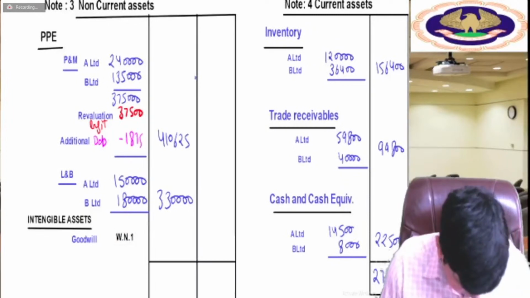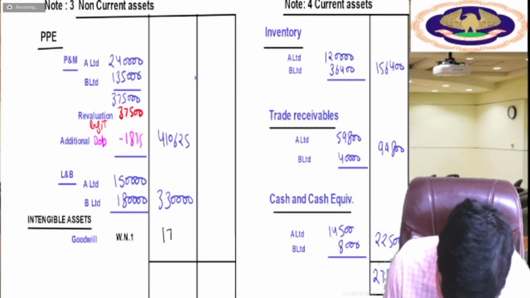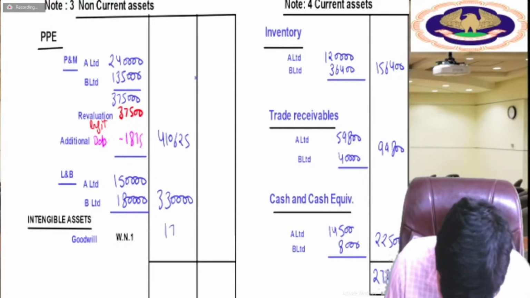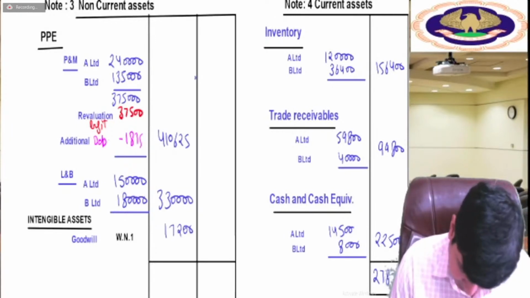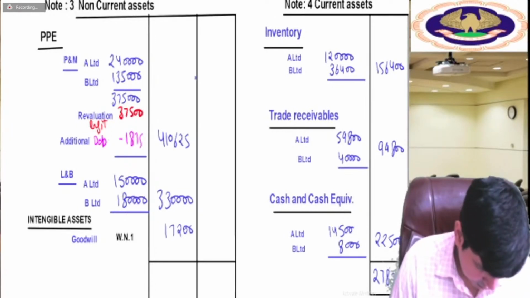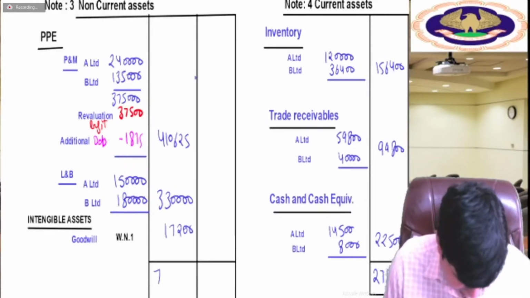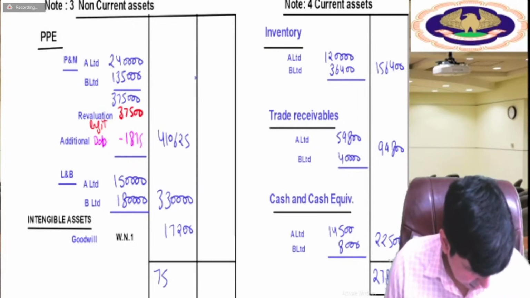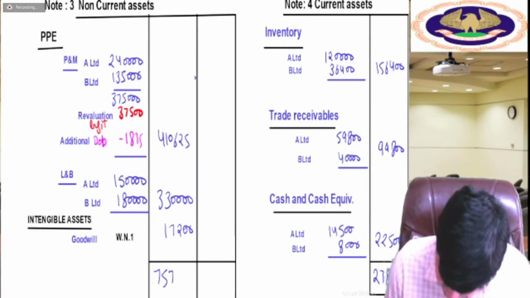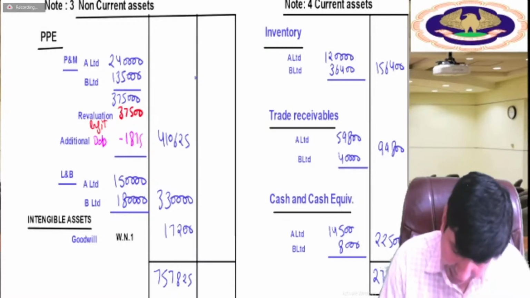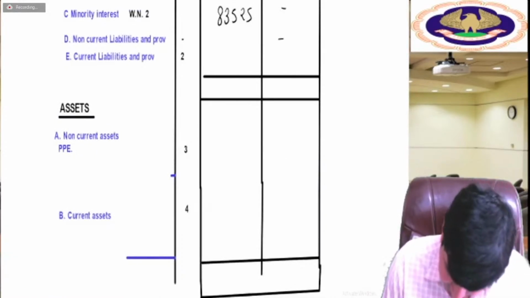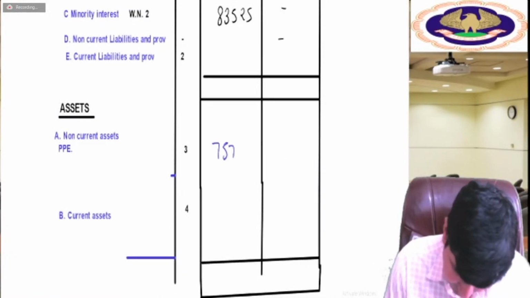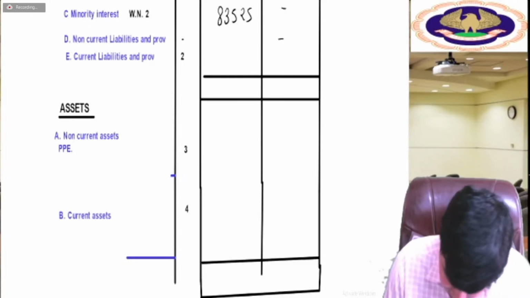And what is the goodwill? That is 17,200. Please do a total. 757,825. That has to be posted to the balance sheet also. 757,825.